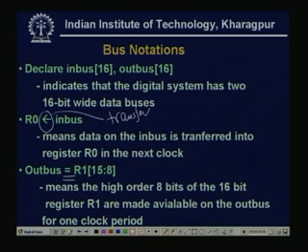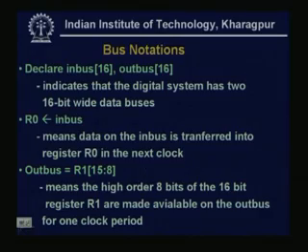This notation, the arrow sign, means the data available in the in bus is being transferred to the register R0. Here it is an assignment, which means the high order 8 bits are available on the out bus for 1 clock period. These are the different notations normally used for bus.